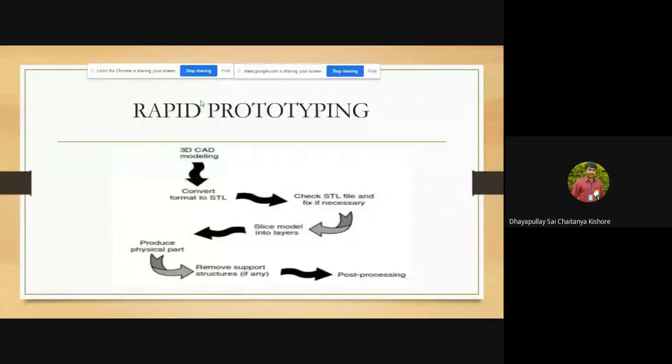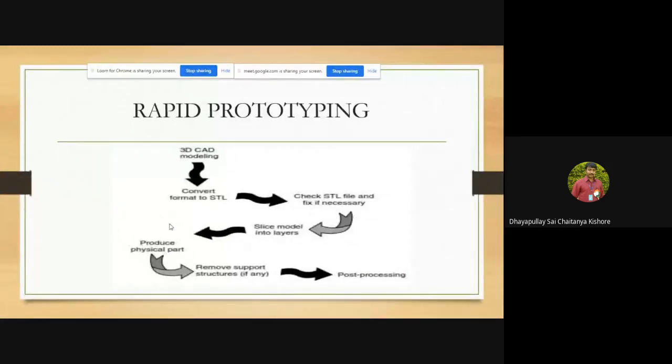The next step is producing the physical part. Whichever machine you are using, stereolithography or selective laser sintering, the additive manufacturing machine will, as per the STL file, produce this prototype model. That is producing a physical model.